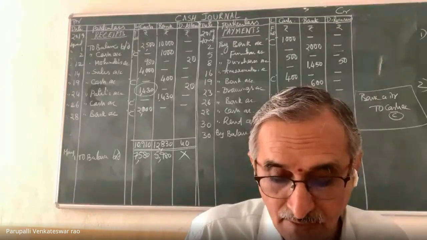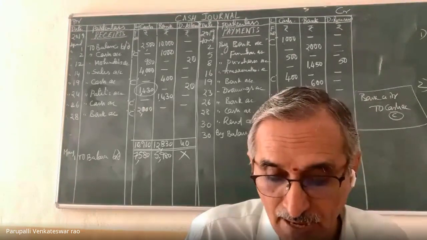10th problem, 24th transaction: dividend received by check, 50 deposited into the bank on the same date.